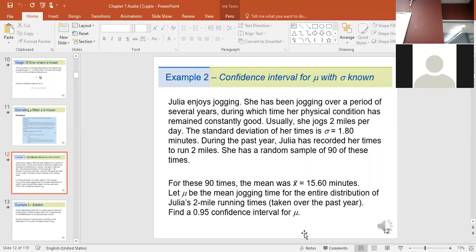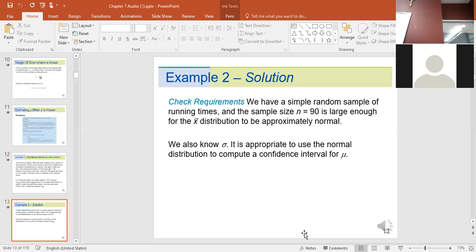Let mu be the mean jogging time for the entire distribution of Julia's 2 miles running time taken over the past year. Find a 95% confidence interval for mu. So C equals 0.95. Our next question is, what distribution are we going to use?